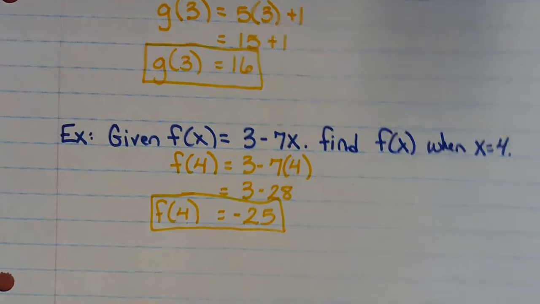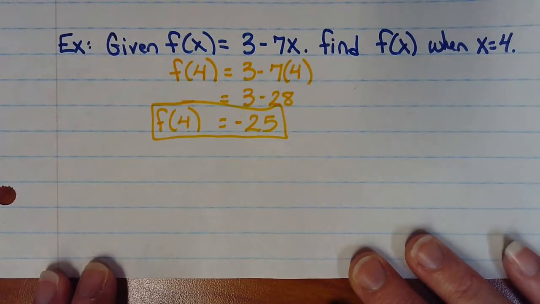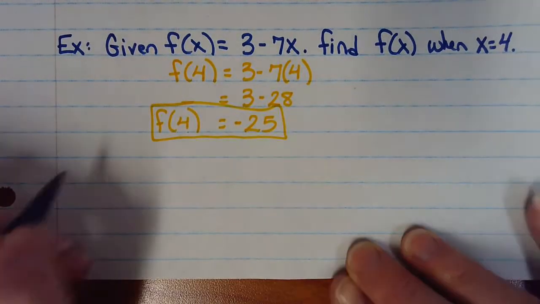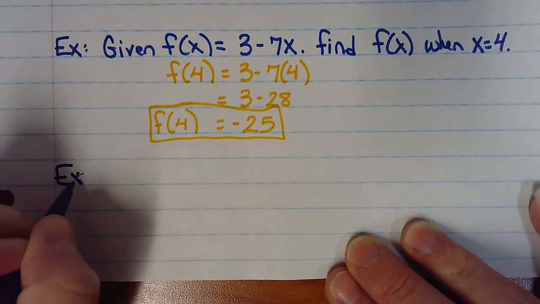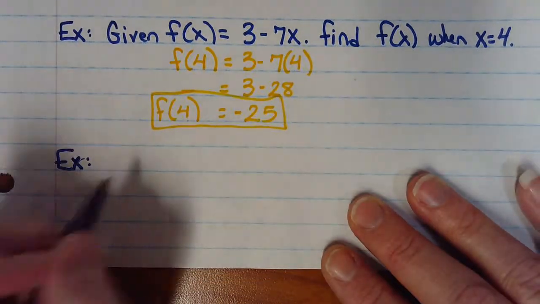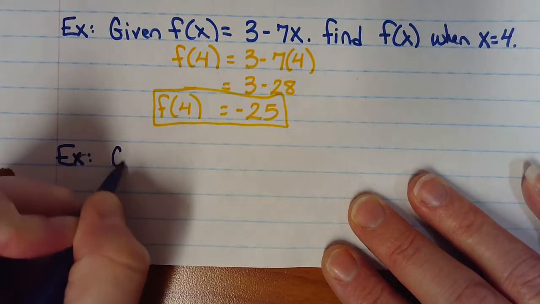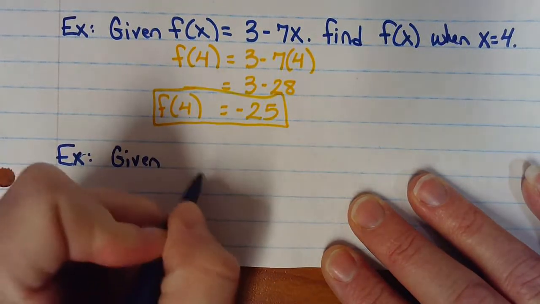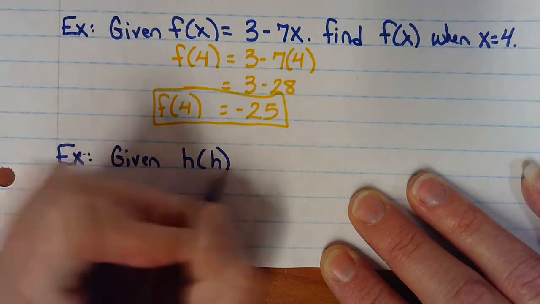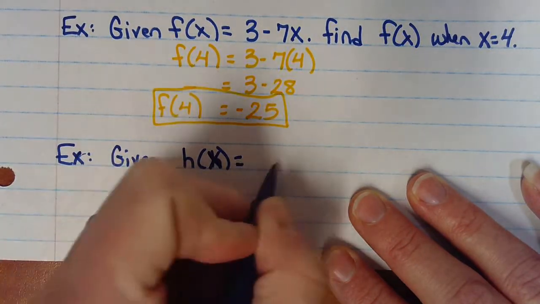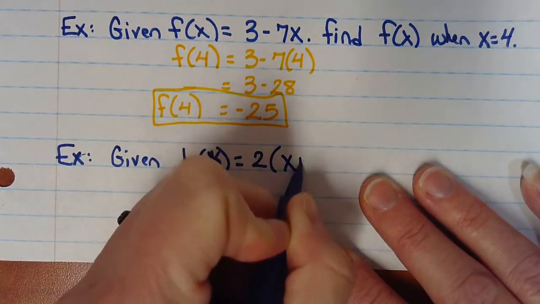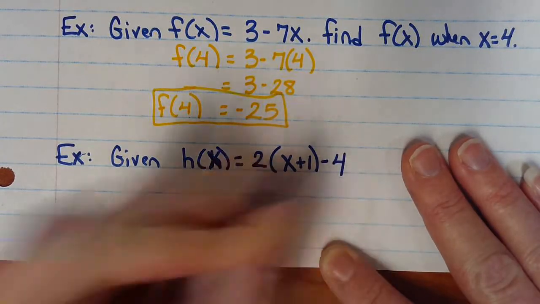The other thing that you could see today is, given a function, you could have to find multiple outputs. For instance, let's say that we were given h of x equals 2 parentheses x plus 1 minus 4.